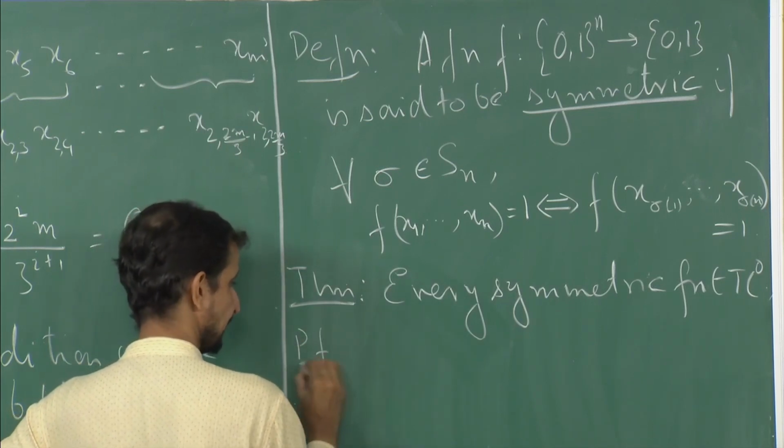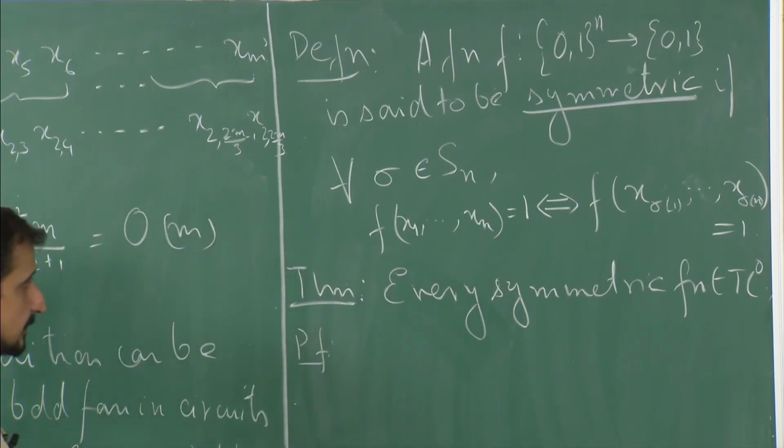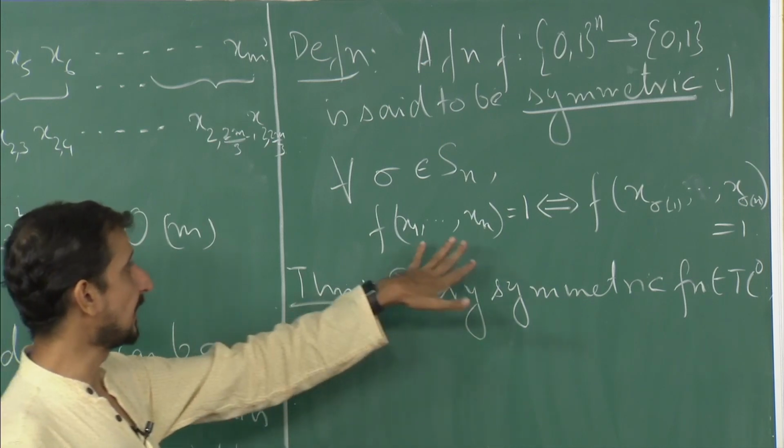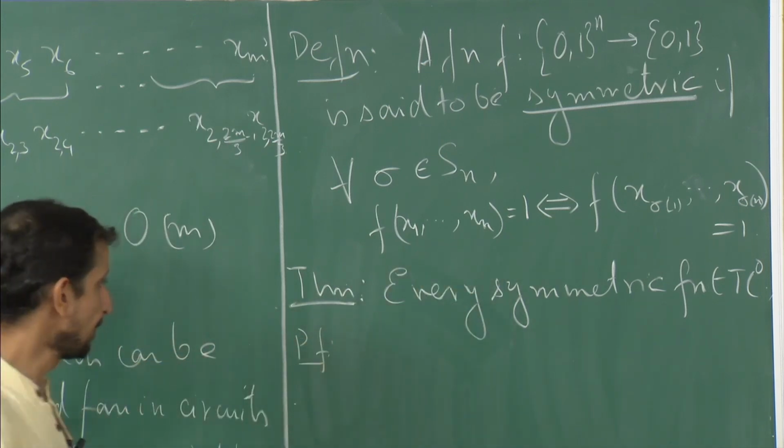So, the proof is actually not very difficult, it is just understanding how these functions behave.